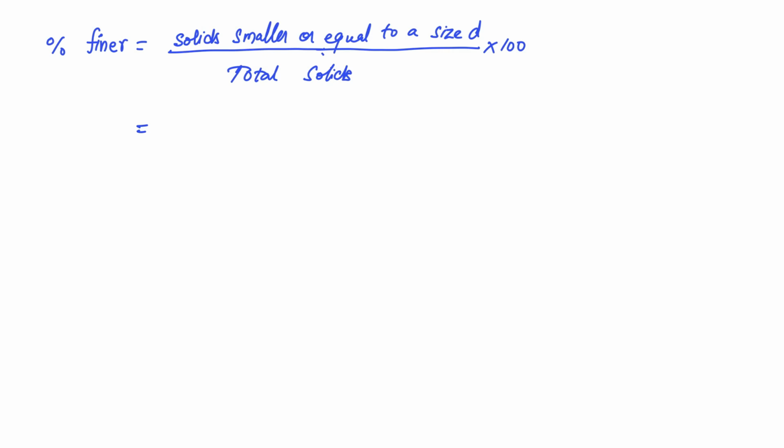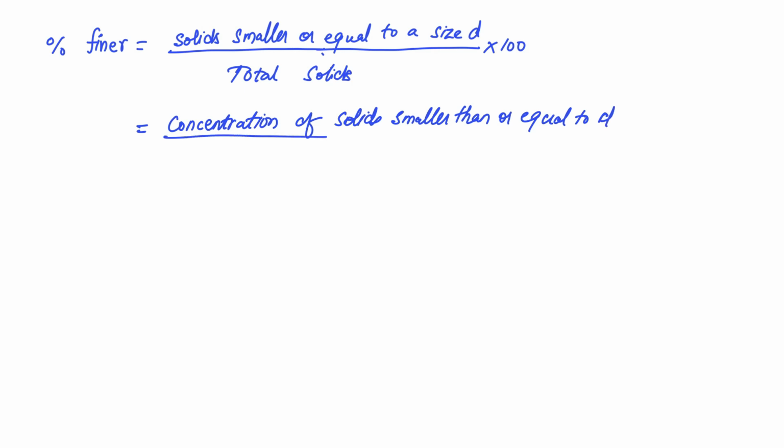Now instead of the weight of the solids, the same formula can be written as the concentration of solids smaller than or equal to d upon the concentration of all solids. Yes or no?